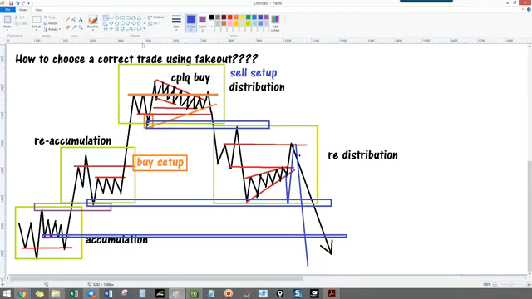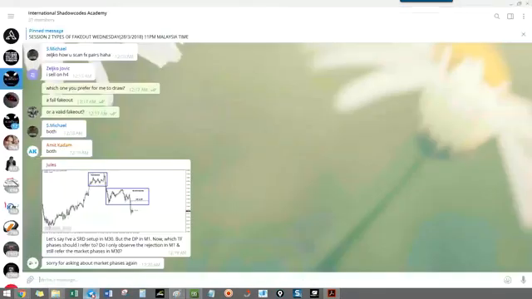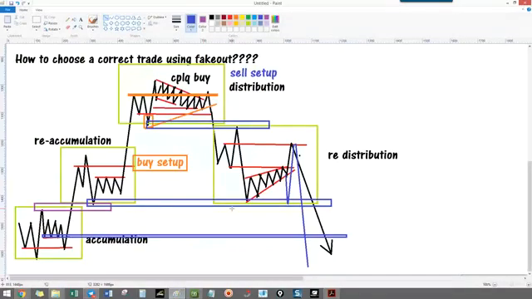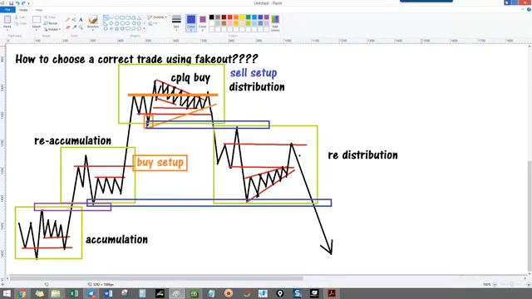You can always trade using the left, but make sure you understand what is on the right. I already drew both. Do you want the drawing? Let me screenshot so you can have this in the group.